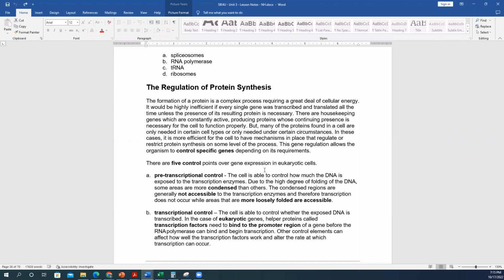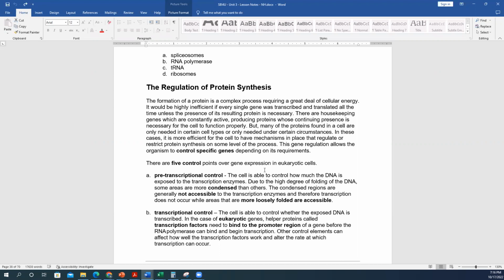So in these cases, it would be more efficient if the cell could have a mechanism in place that indicates when protein synthesis can take place at some point during the process. This type of gene regulation would allow the organism to control specific genes depending on what its requirements are.